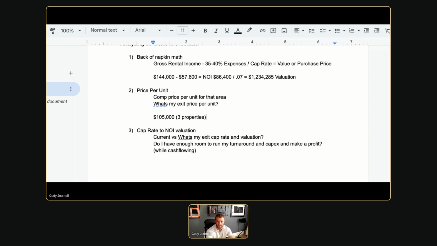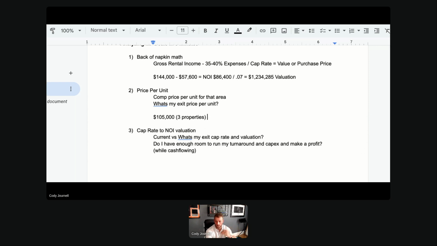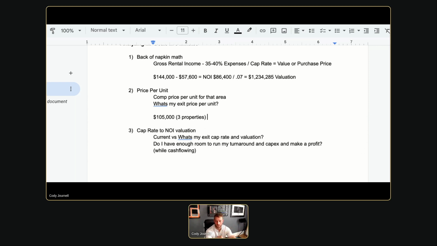Now you want to look at the class. If they're class A properties and they're selling at 105,000 a unit, but you're buying a class C property, you know that there's going to be a delta there between what I buy it for. If I've got to get it from a C to an A, it's going to take a lot of capital expenditures to get it up to that amount.